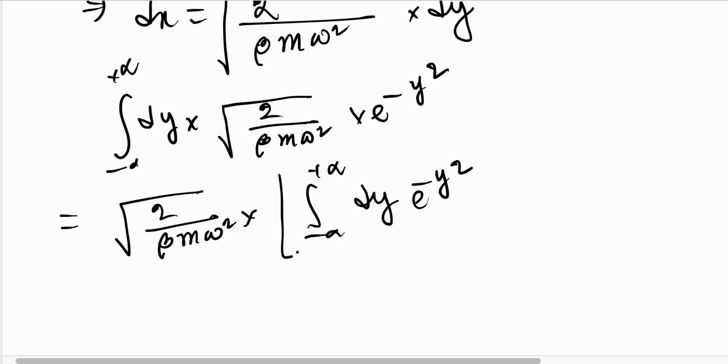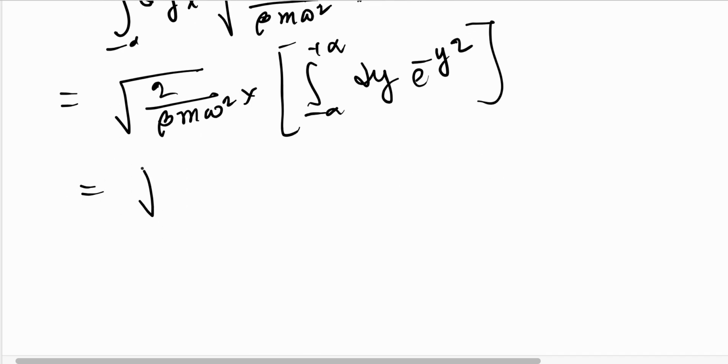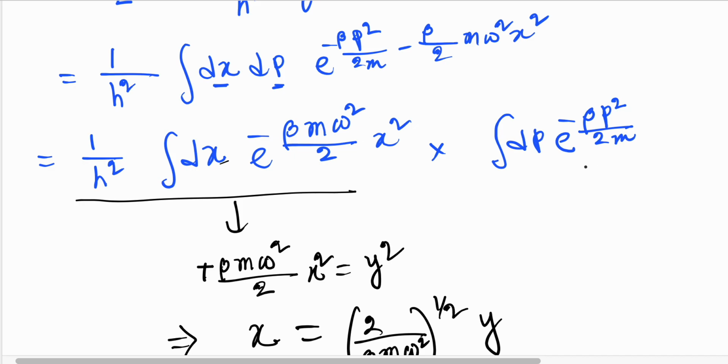We know the value of this integration is root pi, so it is root of 2 by beta m omega square into root pi.